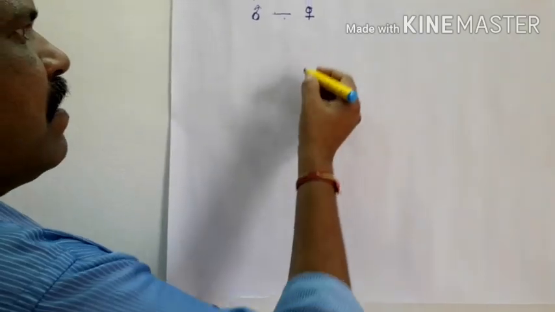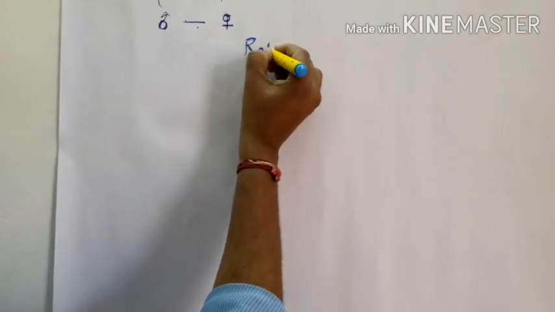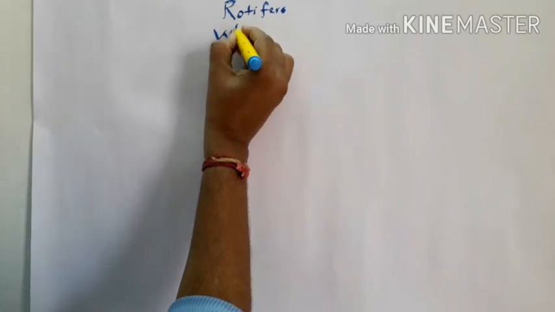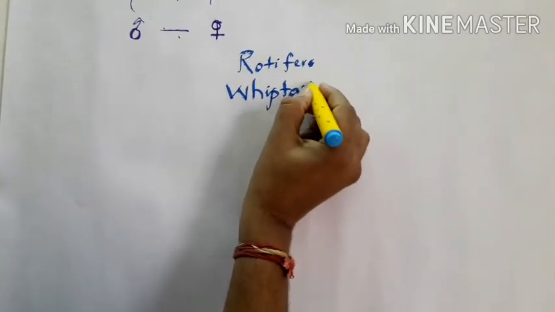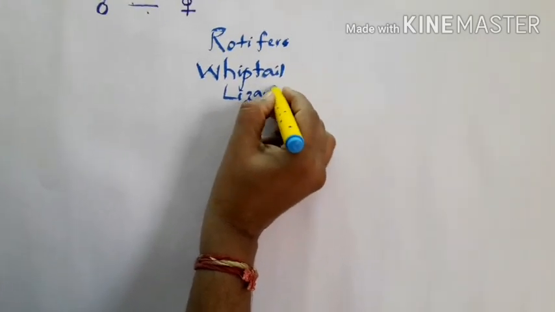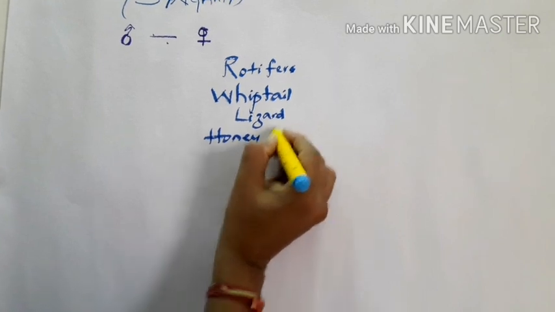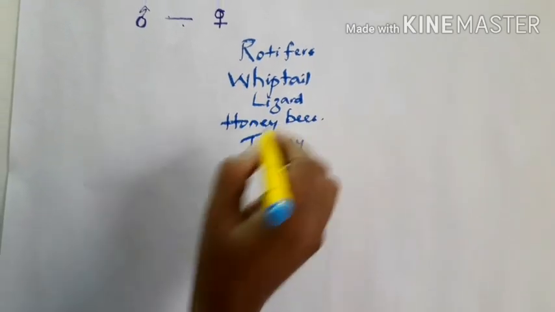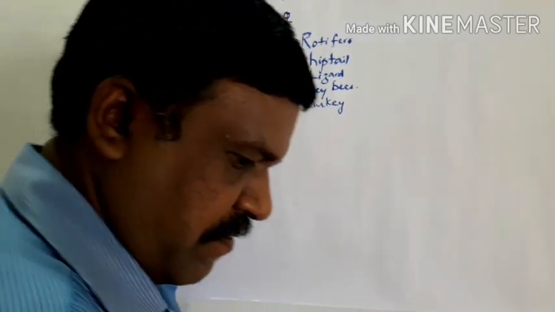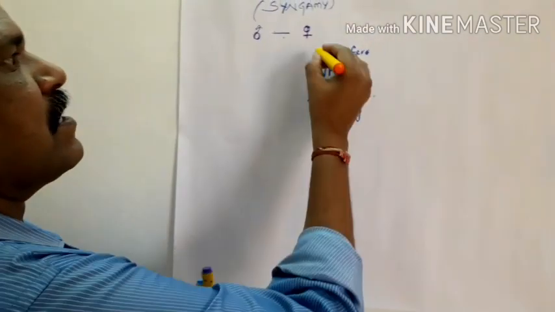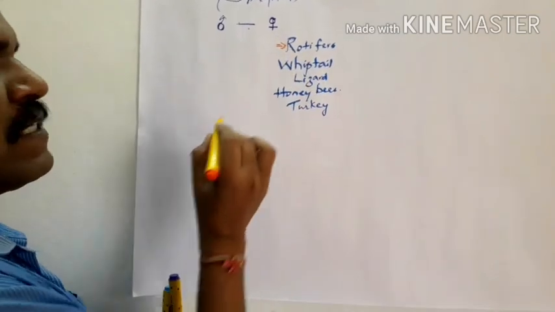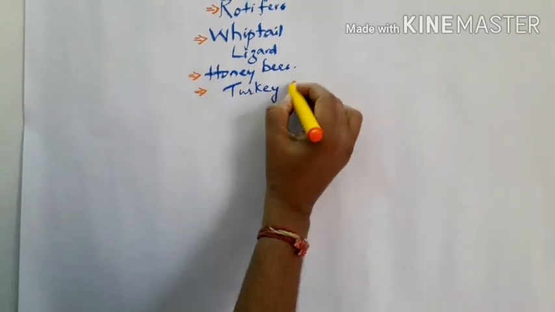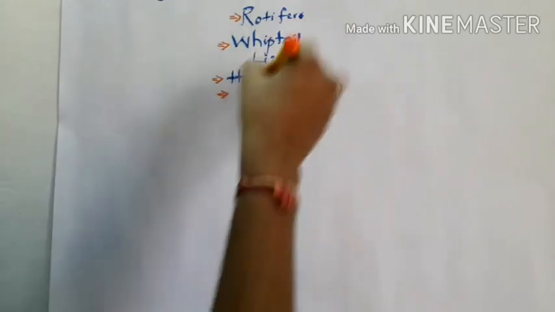In some organisms, like rotifers, the reptile lizard, honeybees, and the bird called turkey, there are certain exceptions.